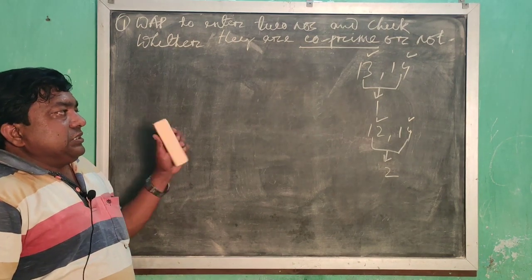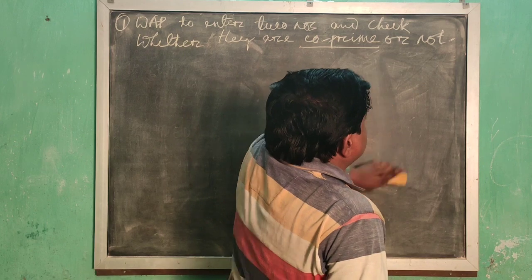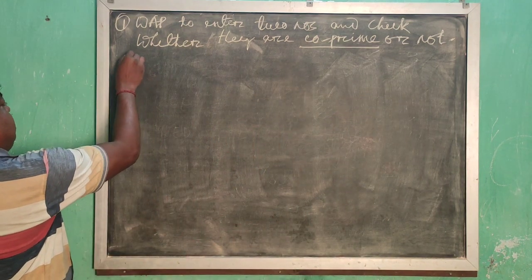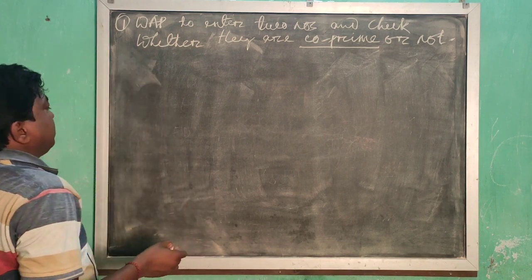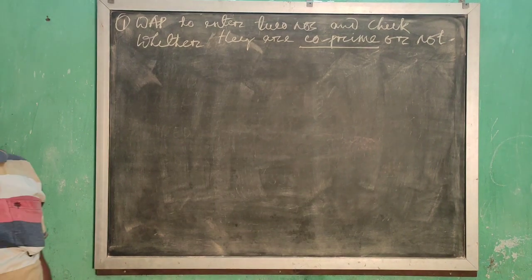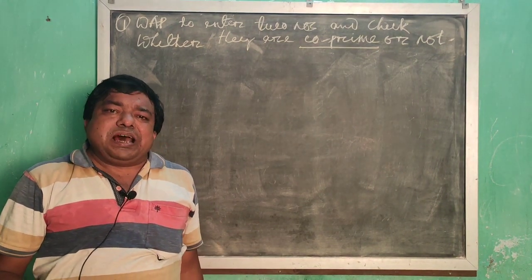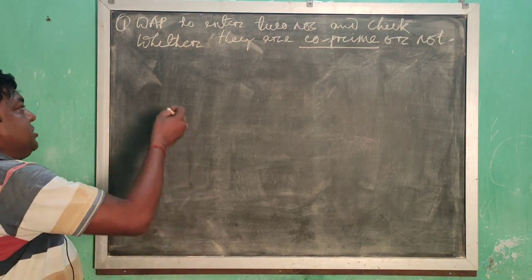Then let's start the program. You know the writing style using scanner and print writer class that I discussed in the last class. In the same way we will write this program.